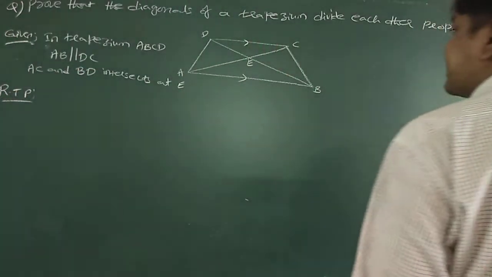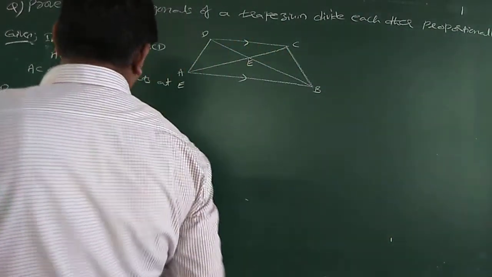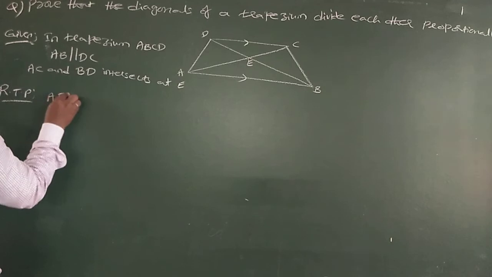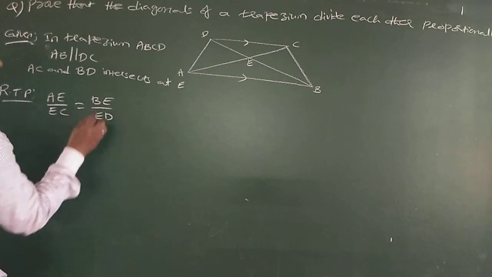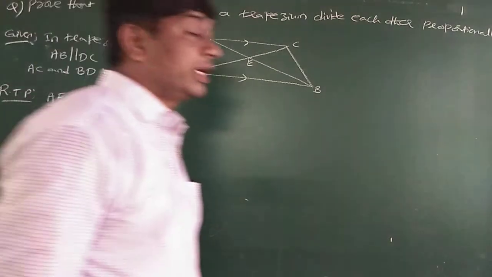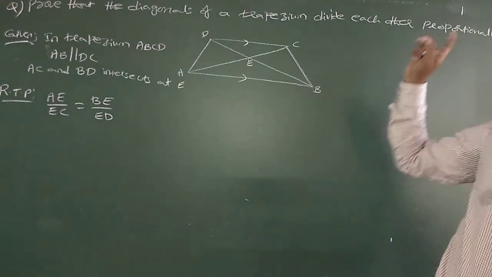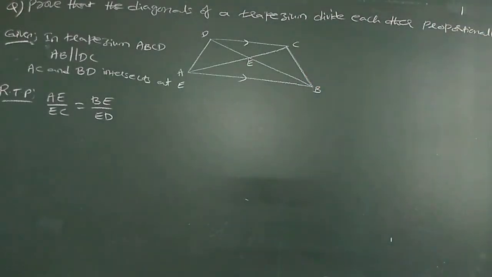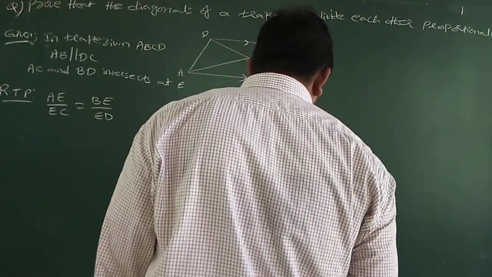Diagonals of a trapezium divide each other proportionally means they intersect proportionally, that is, they divide each other in equal ratio. Understood?